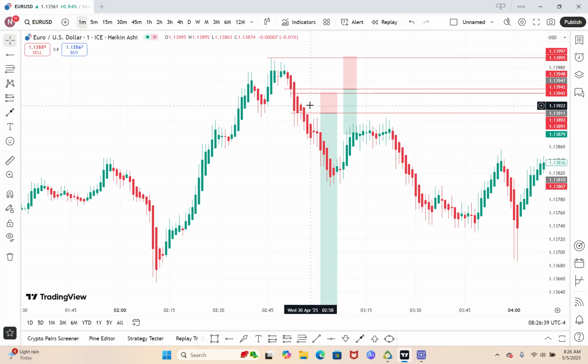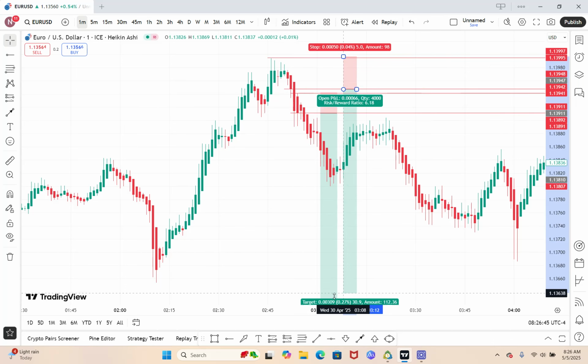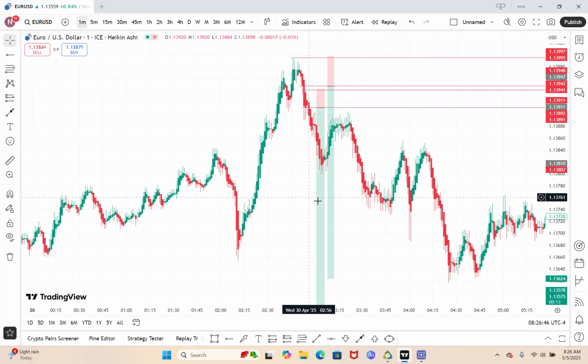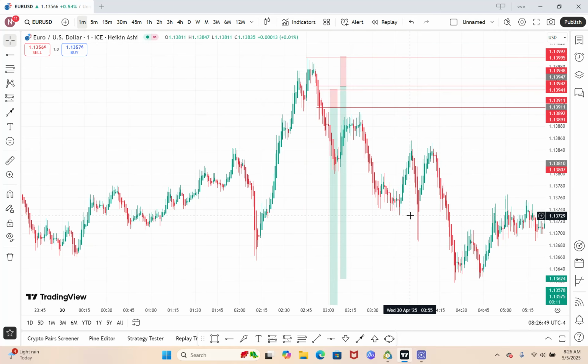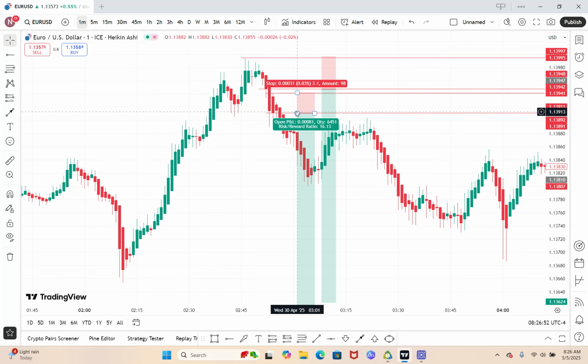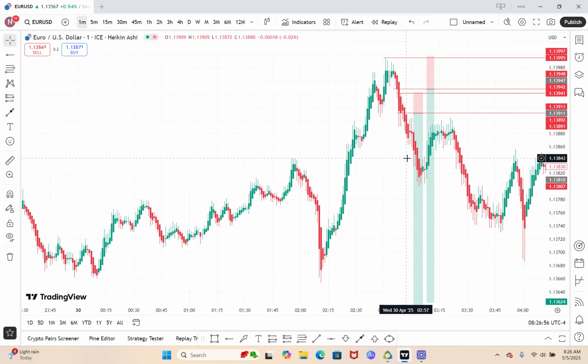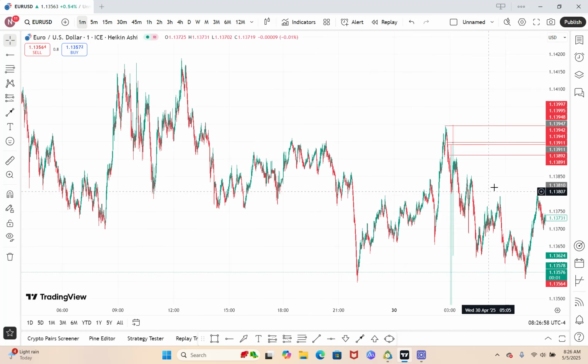And here is a cheaper price than here, so chances are if the big institutions, the hedge funds and the banks are in this area, because they are the ones who move the market, they are the ones who create these big moves in the market, right?